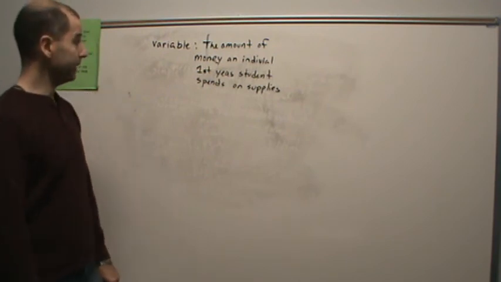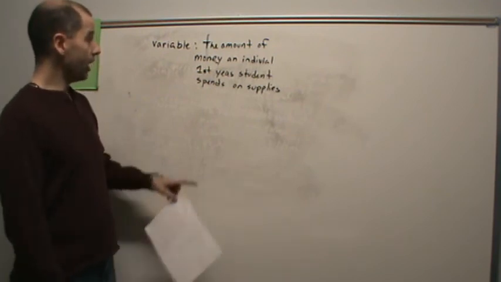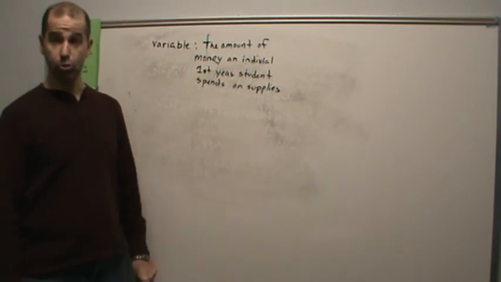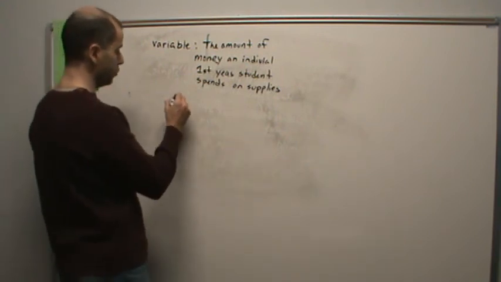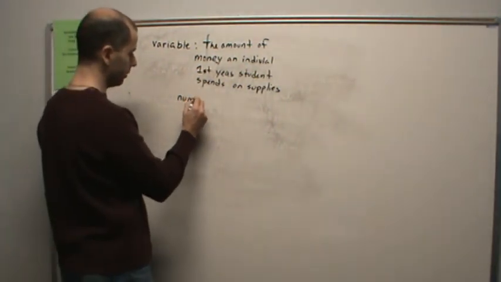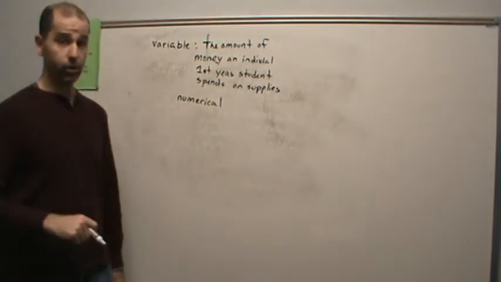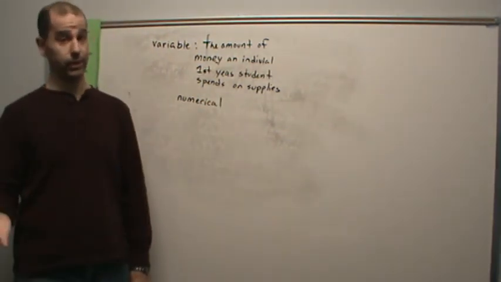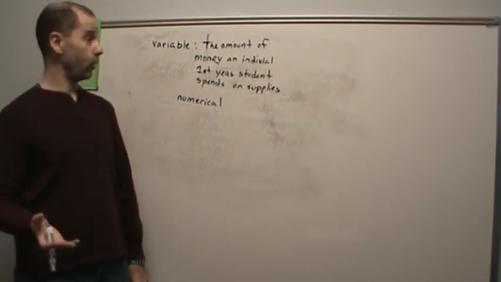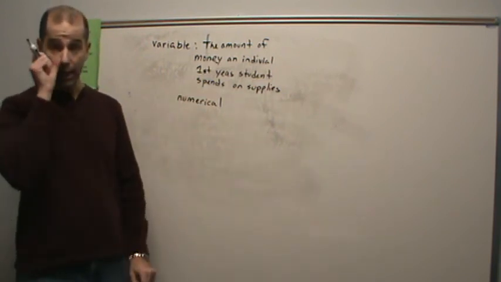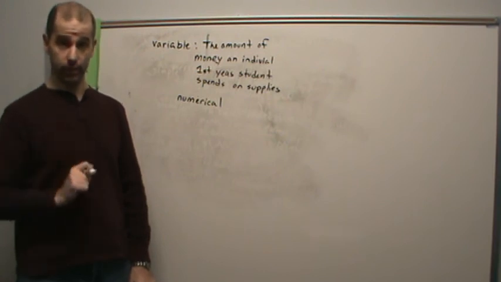Now, what type of variable is this? Well, we're talking about amount of money, right? Money is numerical. So this is a numerical variable. And now since it's numerical, we can subdivide it. It's either going to be discrete or continuous. Well, money is continuous.